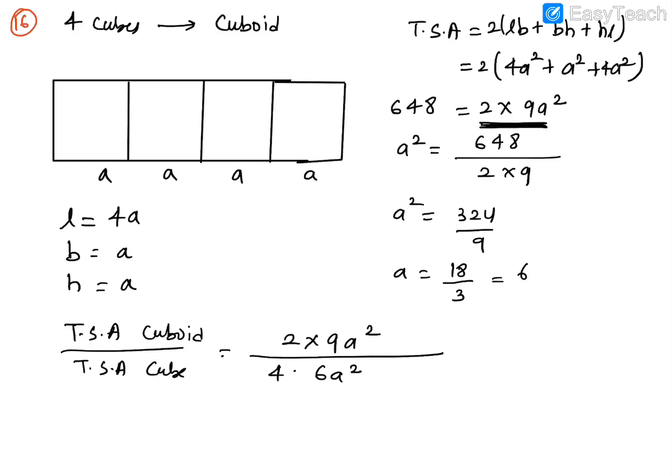So 4 into this. So what we can reduce now is cancel A squared. 2 ones are 2, 2s are 3, 2s are 3, 3s are, but 3 is to 4. But what was the question? It's wrong. They asked to find the ratio between the surface area of the resulting cuboid and the surface area of a cube. So they have asked the surface area of only a cube, so I don't need to do all this.